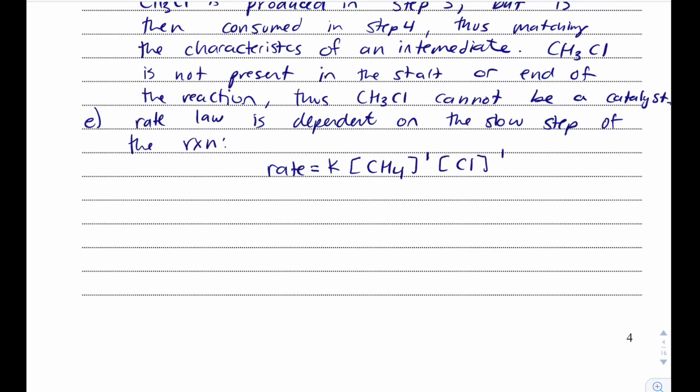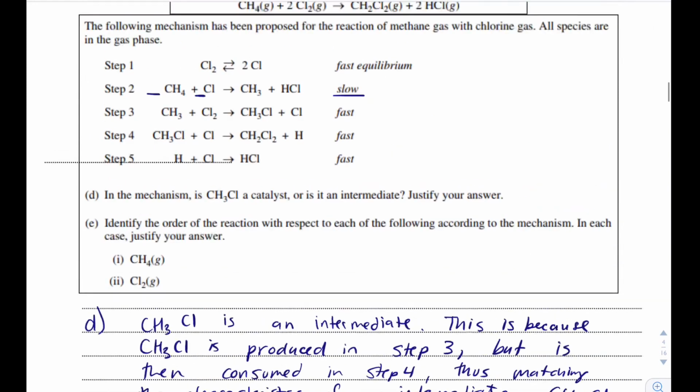Now, this might be a good rate law, but what we've got to check is that we cannot have any intermediates in the rate law, so I'm going to write that. Rate laws cannot include any intermediates. So let's see if CH4 or Cl are intermediates.